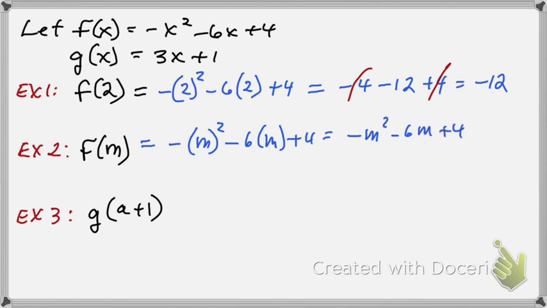And that's as far as we can get. Now, if somewhere down the line somebody said, well, let's let m be 2, then I'd have the same thing as I got in example 1, right? But now this is as far as we can go, because I don't know what m is standing for.